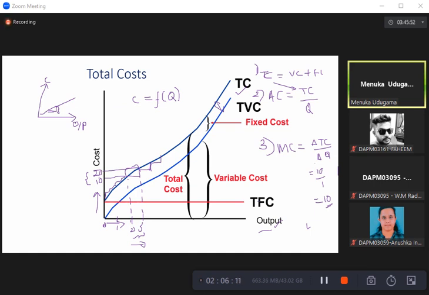Right. Now, in order to make decisions like the optimum production, in order to price the product, when you do marketing or pricing, you would have heard of cost plus pricing, marginal cost pricing, average cost pricing.